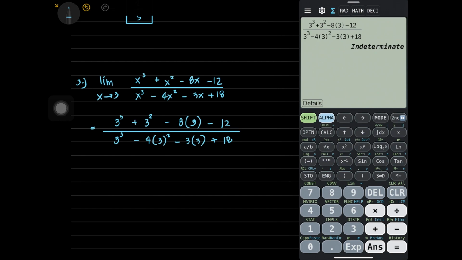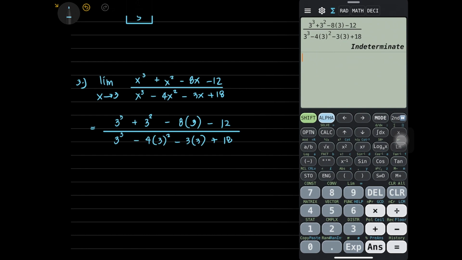It says here that this is indeterminate. We do not know, or in your calculator it might say math error here. So what we are going to do is evaluate the numerator and the denominator independently first, because evaluating it simultaneously did not work.